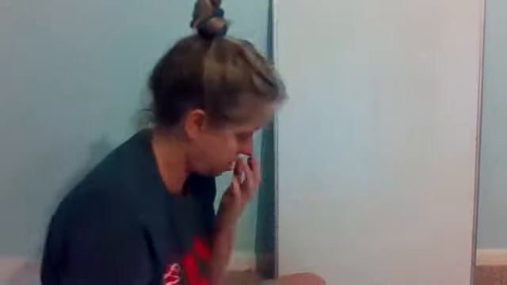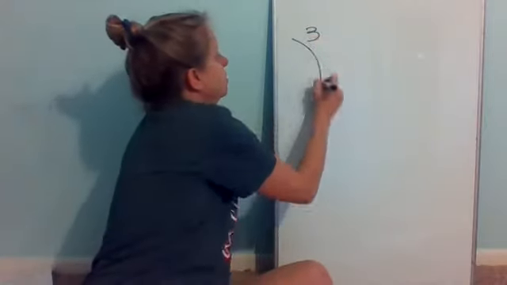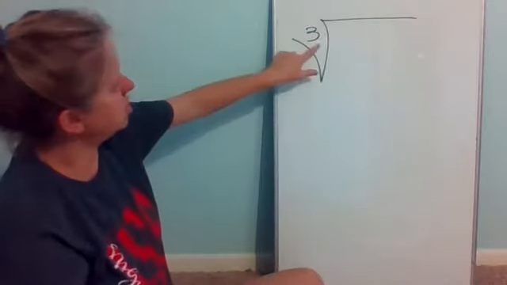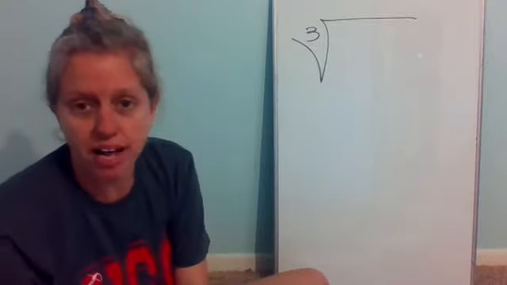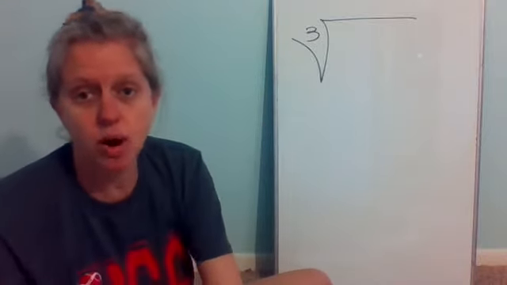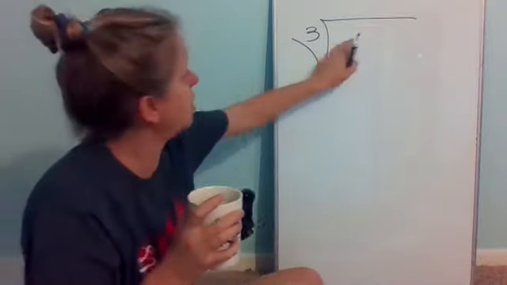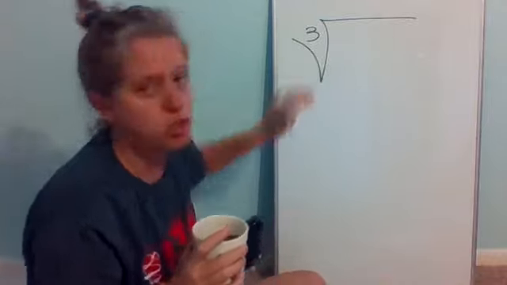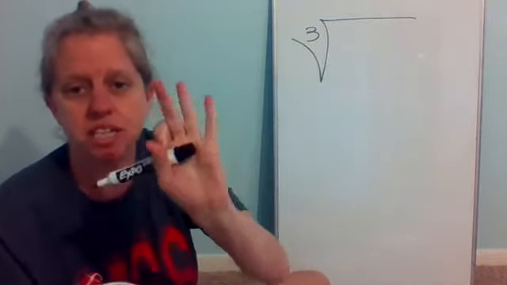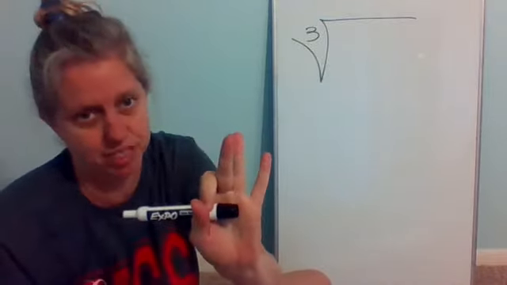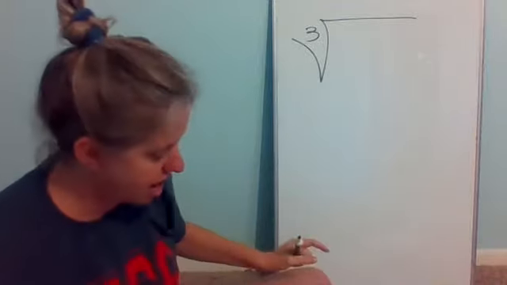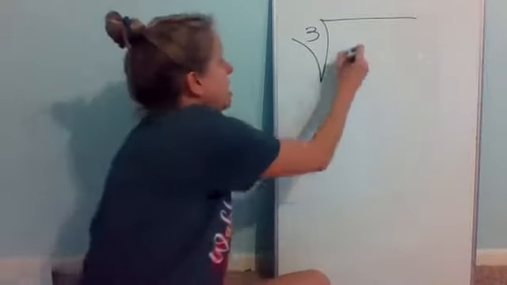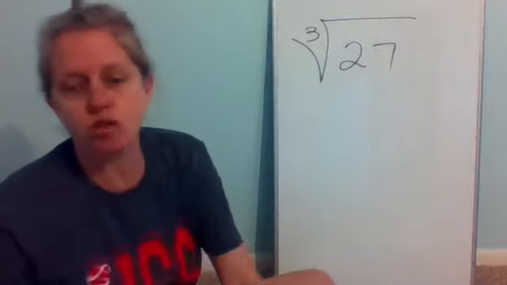All right, number 10. Now, remember we talked earlier, there could be other numbers in this index spot besides a square root, which means now the number that I'm going to put under here, I'm trying to find what number times itself 3 times instead of just times itself 2 times. What number times itself 3 times gives me 27?